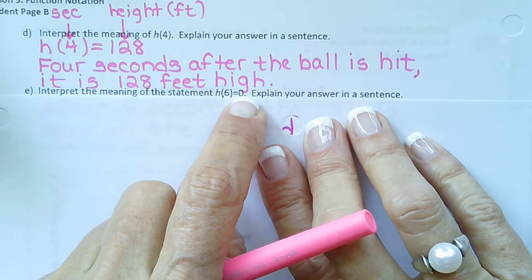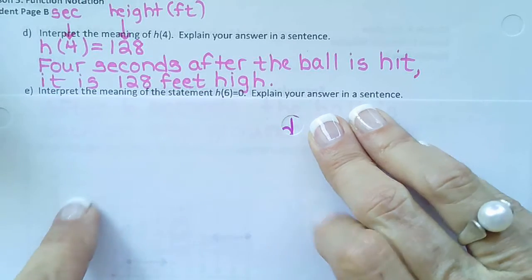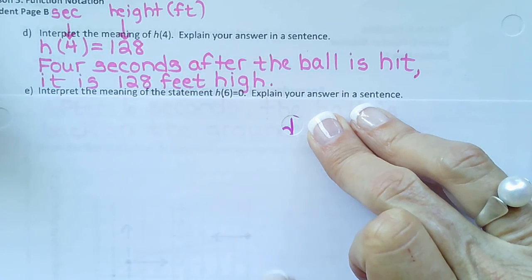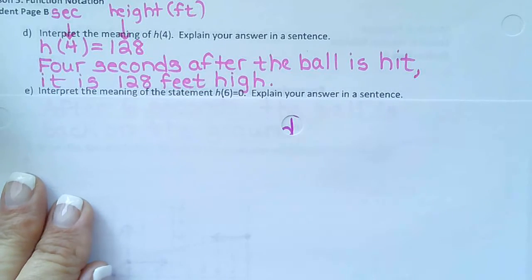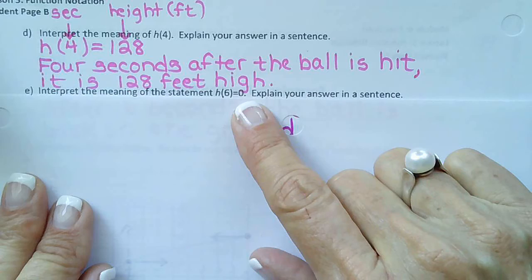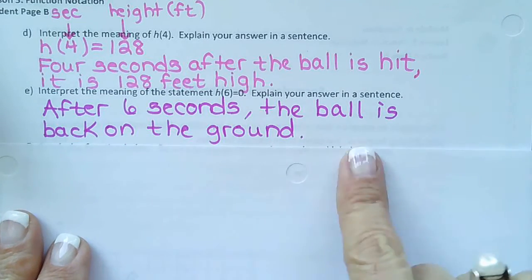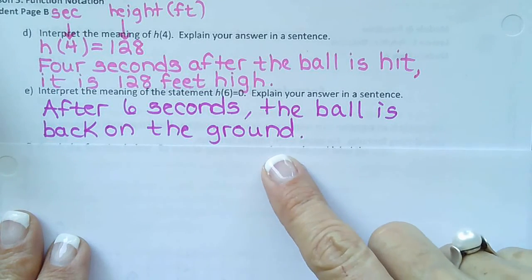What would be a better way to say that? 0 feet high means it has come down and hit the ground again. So you should write a sentence that makes sense, because we would never say, oh, you're 0 feet high. 0 feet high means you're on the ground. So after 6 seconds, the ball is back on the ground.